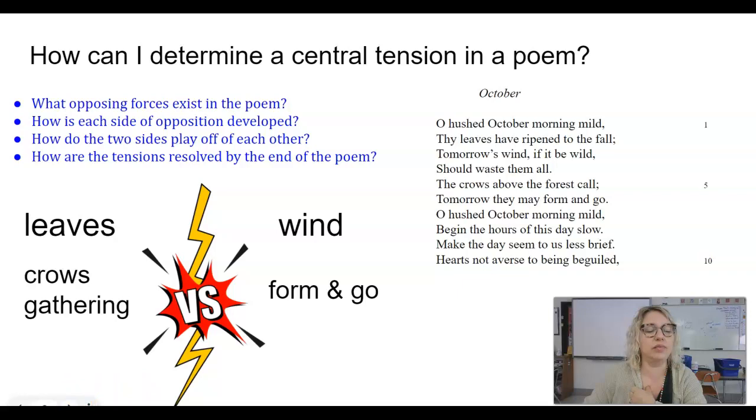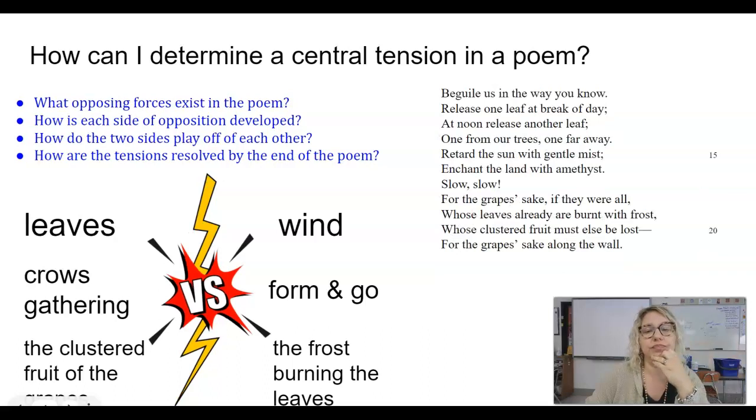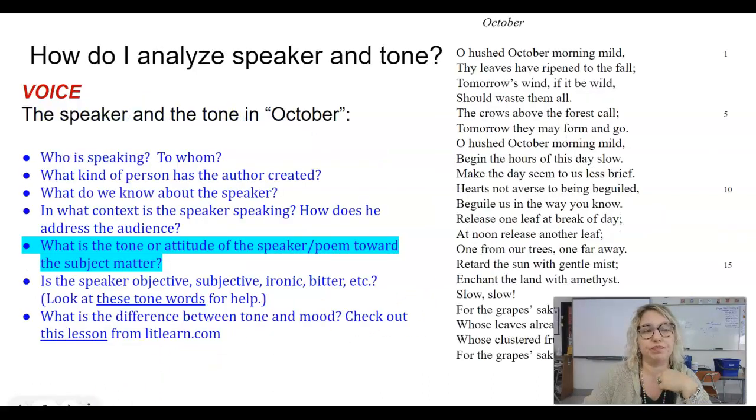How can we put this together to say what the central tension of the poem is? I've got one more here, I guess. The clustered fruit of the grapes at the very end is set up against the frost that is encroaching. It's coming, it's burning the leaves, it's going to destroy the fruit.